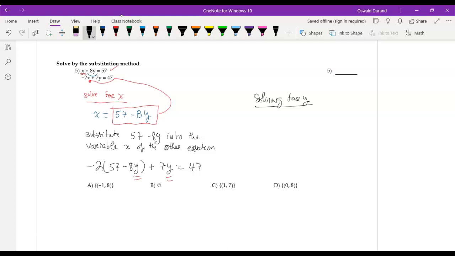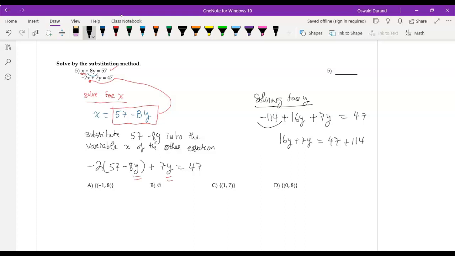So it's going to be -2 times 57, that's -114, plus 16y, right? Because -2 times -8y is positive 16y, plus 7y equal to 47. So we combine like terms. That -114 is going to be moved to the right side, and we're going to have 16y plus 7y equal to 47 plus 114.